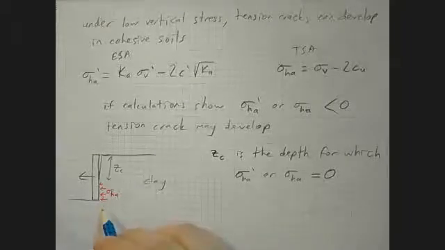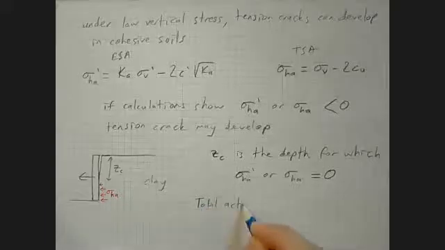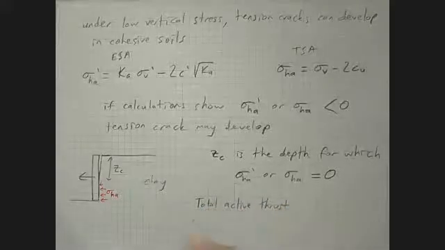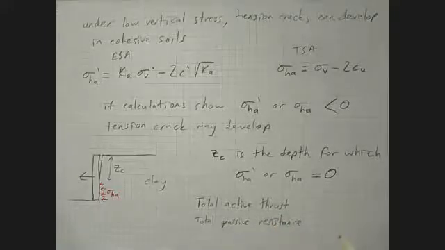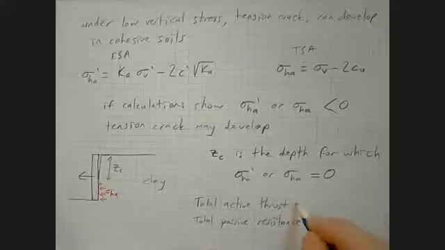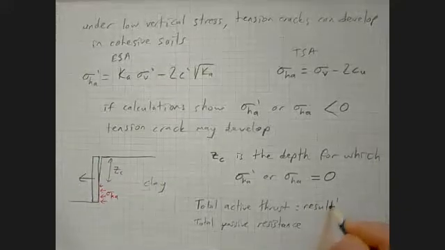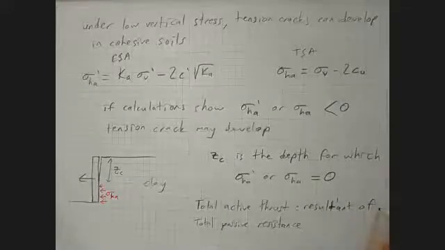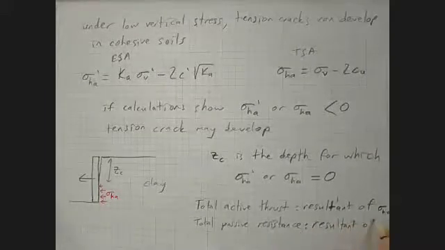And similarly, you can define words like total active thrust and total passive resistance, because the passive stresses usually happen when, due to some other external force, you are pushing towards the soil, so the soil is resisting that. So, the resultant of the stresses.